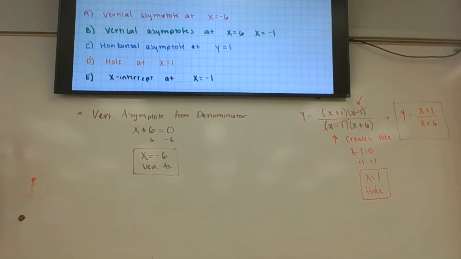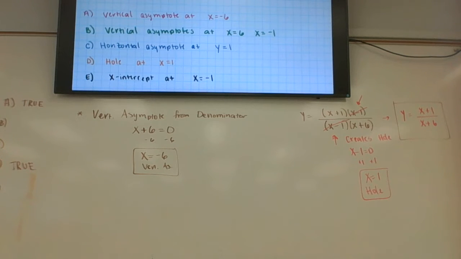So I know that A is true, and I know D is true. So we know one of the vertical asymptotes is x equals negative 6.